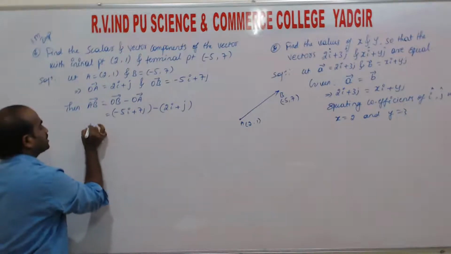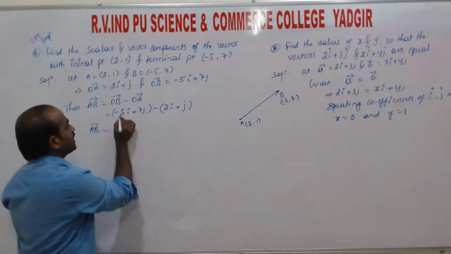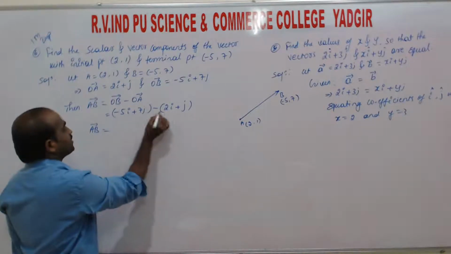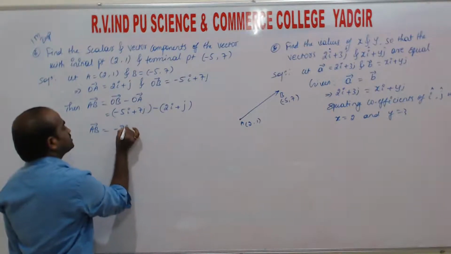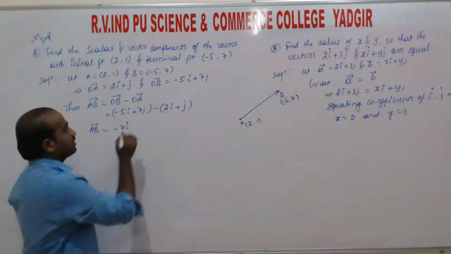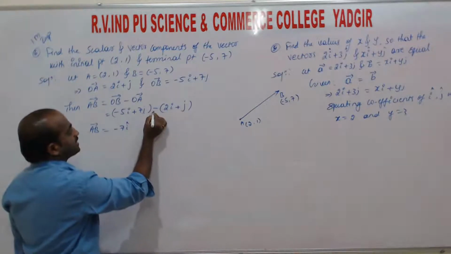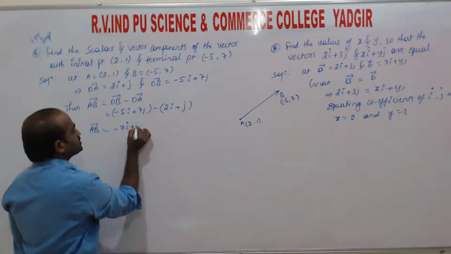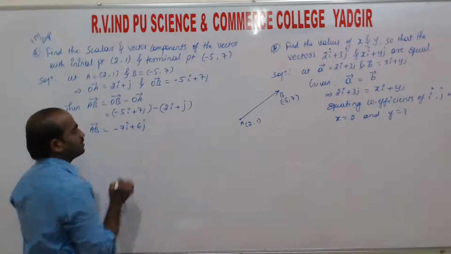Now AB vector is equal to minus 5 minus 2, separating i, j, k: minus 5 minus 2 is minus 7i. Next 7j minus j is plus 6j.